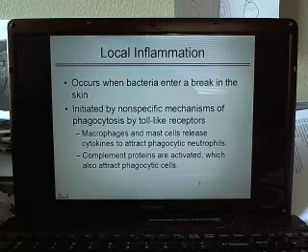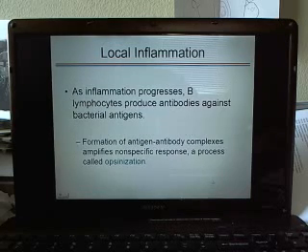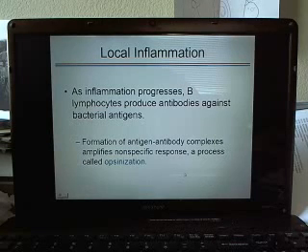Local inflammation. You get bacteria or something under the skin. This is where you get the swelling, the redness, the heat, the pain, sometimes the pus. Generally, local inflammation is a B cell response, unless it's allergic, and then it's histamine, then it's IgE.